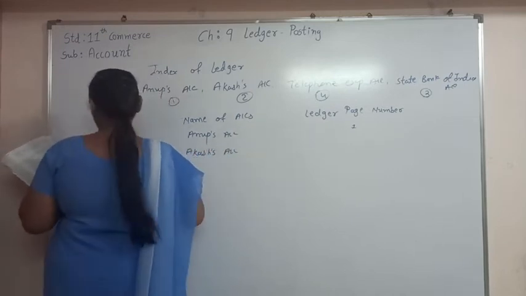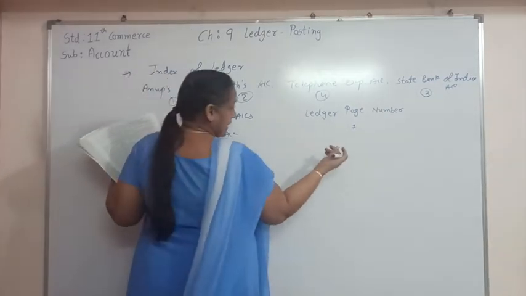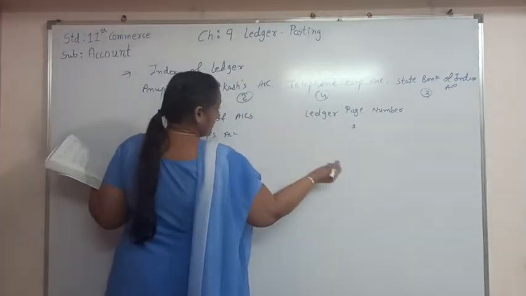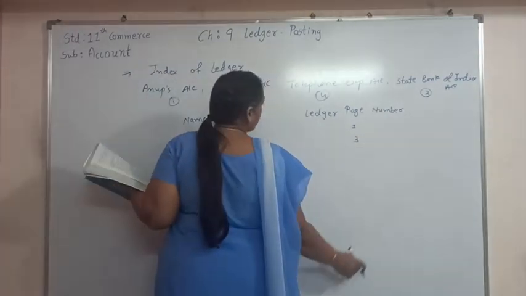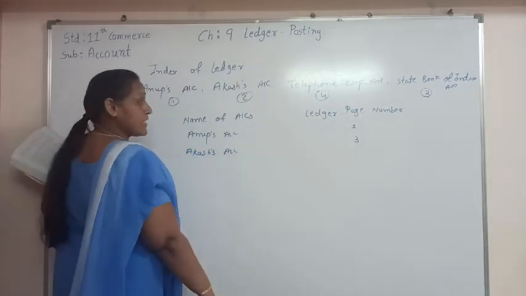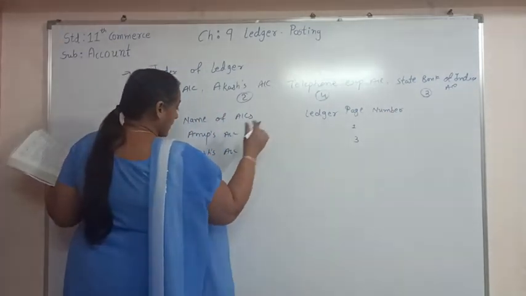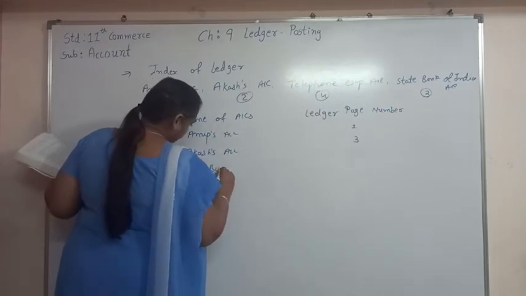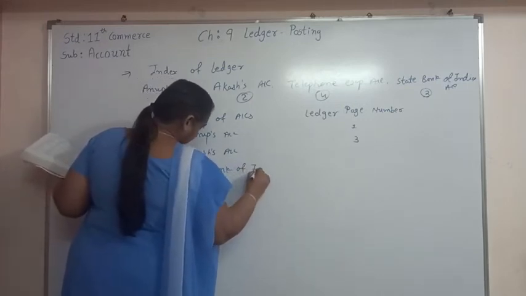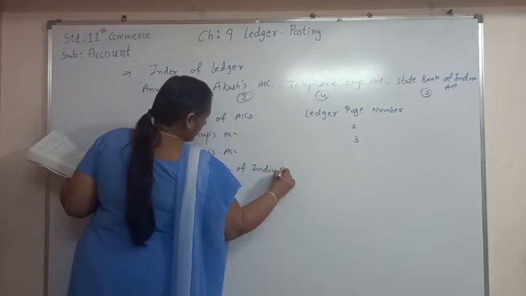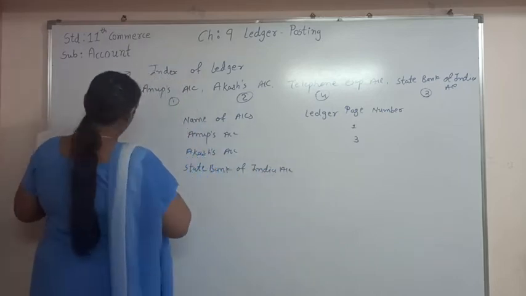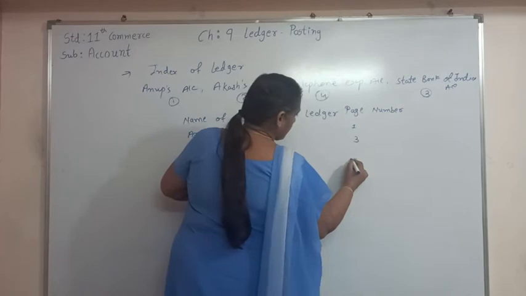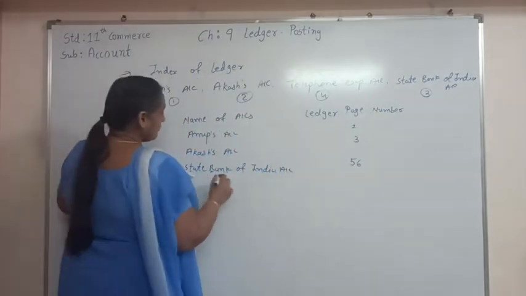If we have prepared the same account on page number 3, we are going to write down the third page number of the ledger. Then let's say State Bank of India account. If it is on page number 56, then we have to write 56.